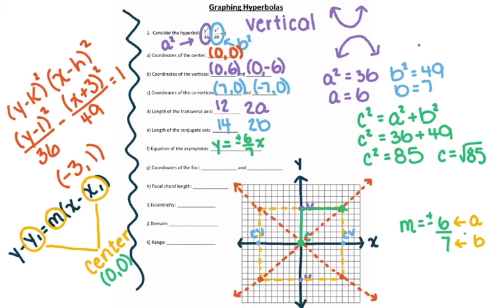So rad 85 is your C. So the C is the distance from the center to each focus, or focal point, sometimes it's called. So, what is rad 85? You have to think between what two perfect squares does 85 lie? It lies between 81 and 100. So that means that rad 85 is between 9 and 10.